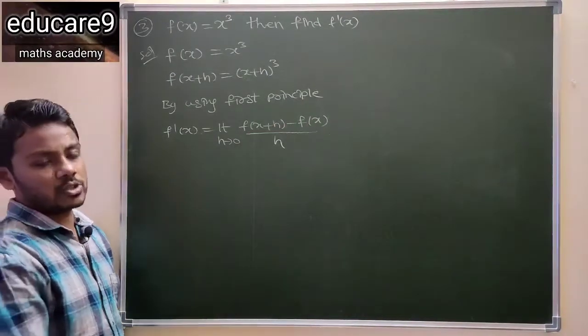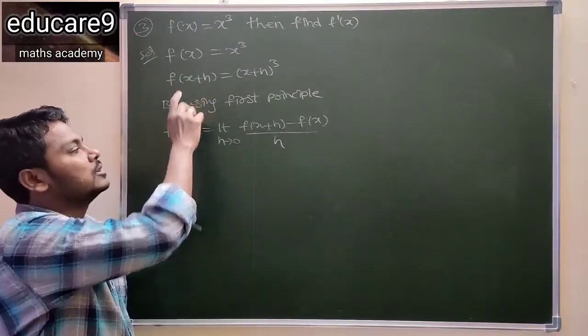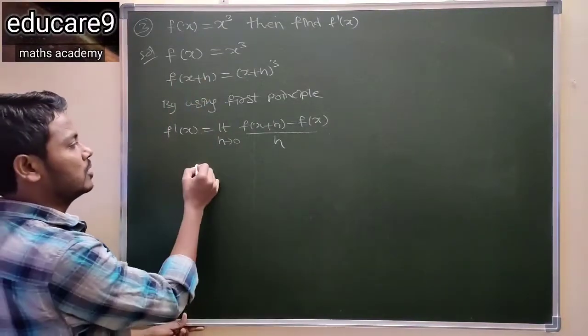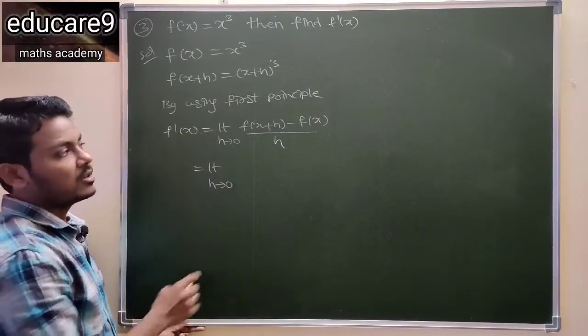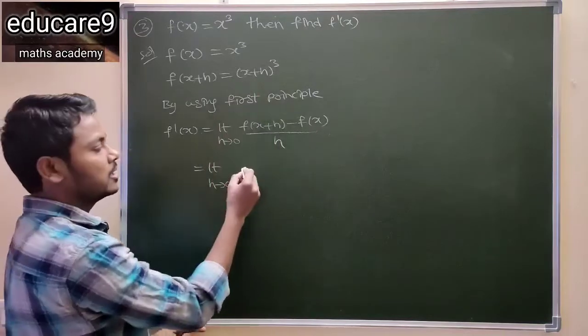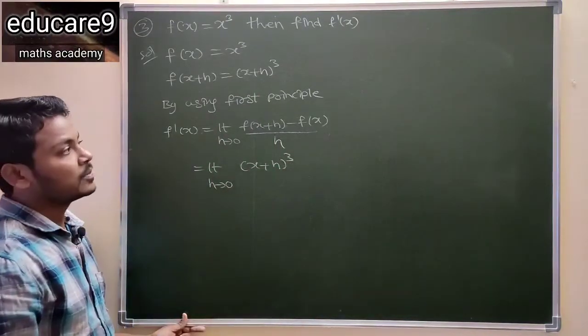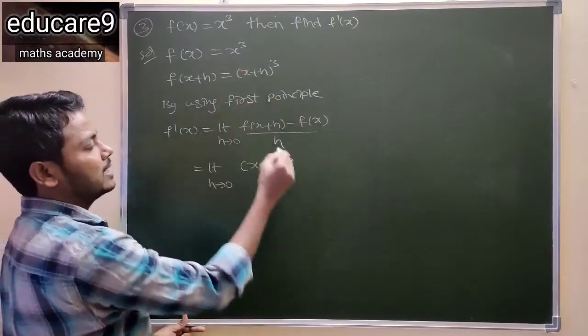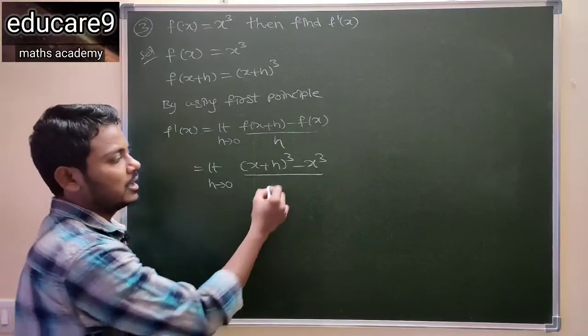So this is the first principle. Next, we have to substitute both values in the first principle. That is limit h tends to 0. What is f of x plus h? x plus h whole to the power of 3. And what is f of x? x cube. So divide by h.